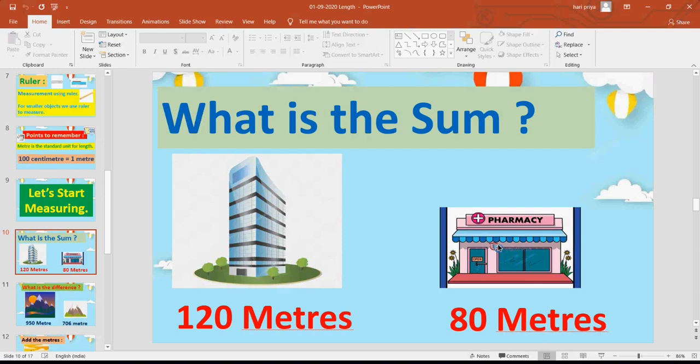Write the numbers in the correct places: 1 in the 100's place, 2 in the 10's place, 0 in the 1's place, and for 80, 0 in the 1's place and 8 in the 10's place. If you write correctly, you will get the correct answer, and that is 200. If you are done with the first example, we can quickly move to the second example.